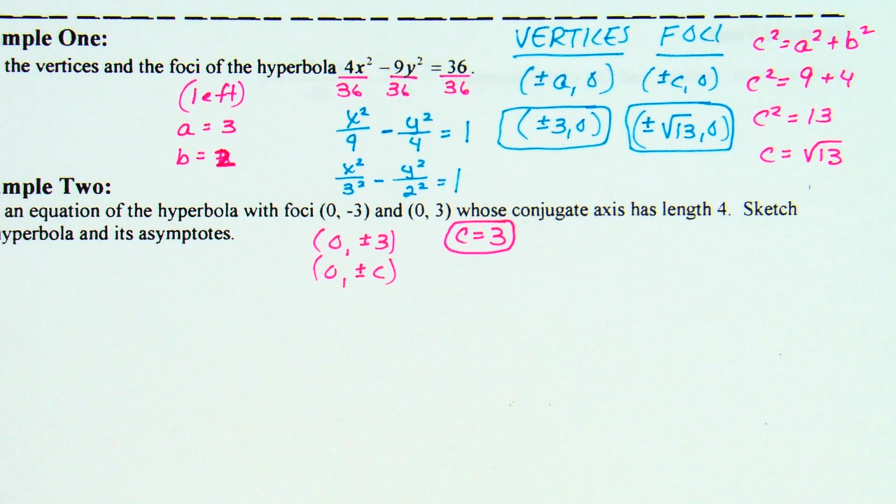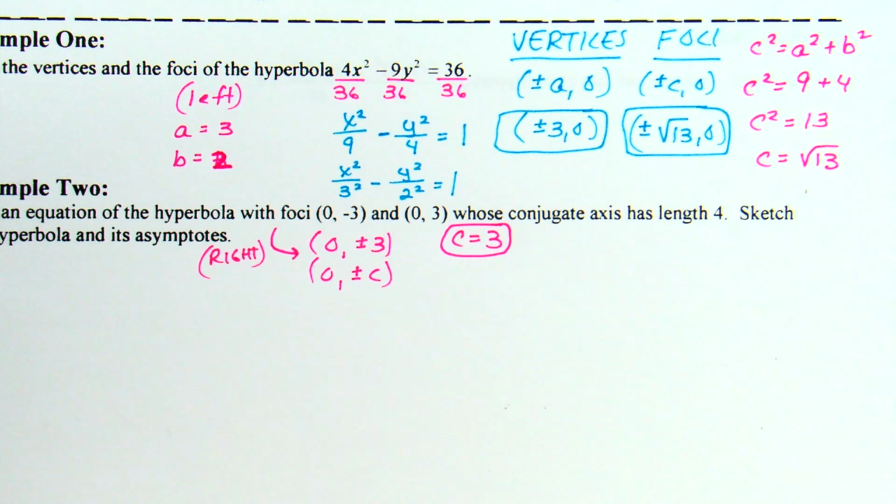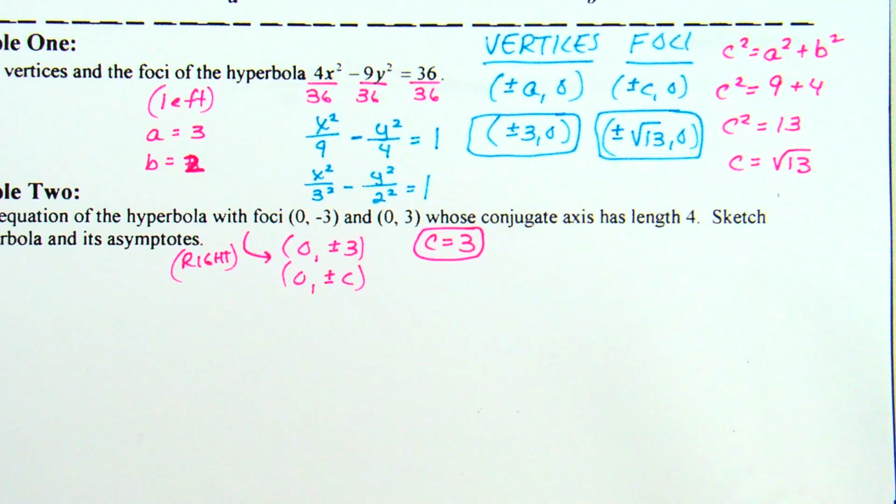Because that c is in the y position, this is a right column, or in other words, it's going to be on a vertical axis. Okay. What else you guys going to tell me?